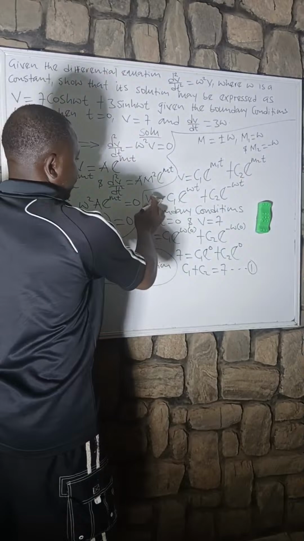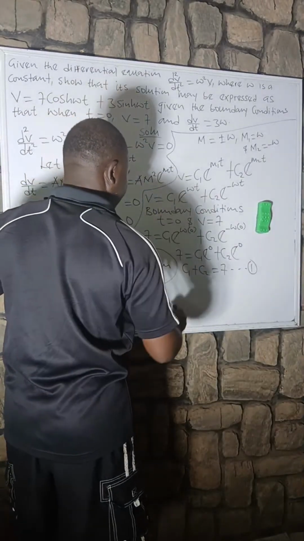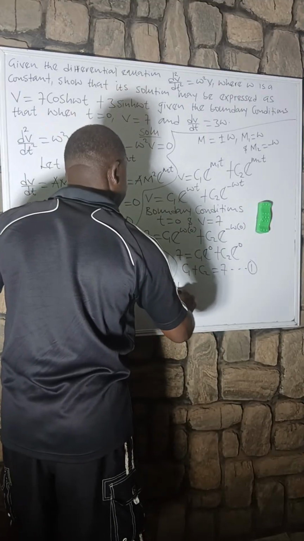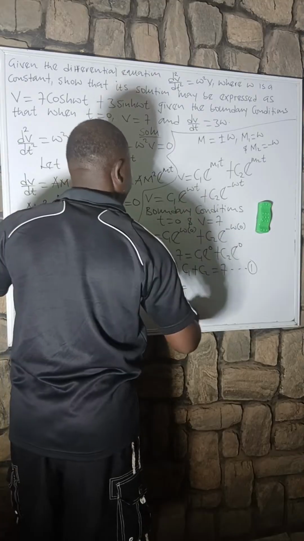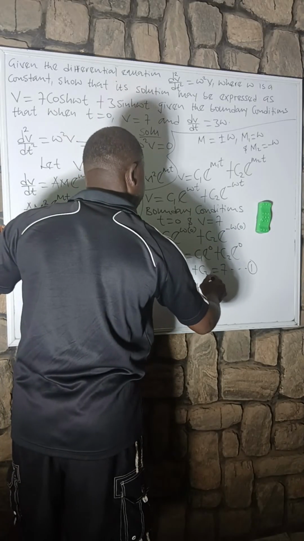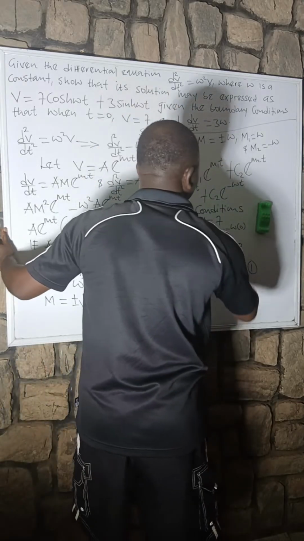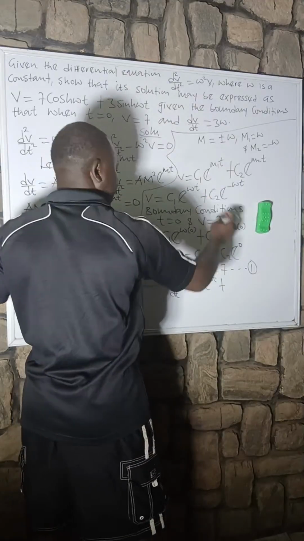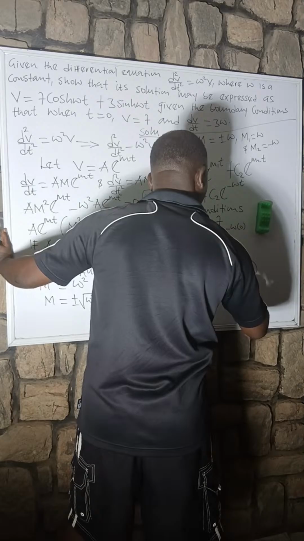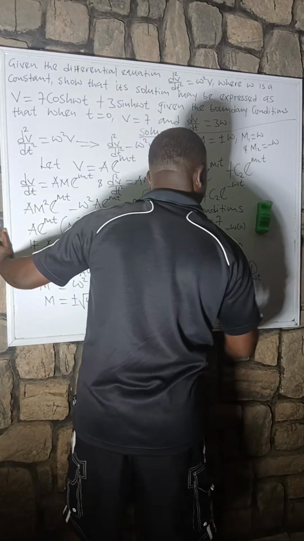So if we differentiate this general solution with respect to t, we are going to have dv over dt equal to c1 omega exponential omega t, then plus, here we are going to have minus, so minus c2 omega exponential minus omega t.